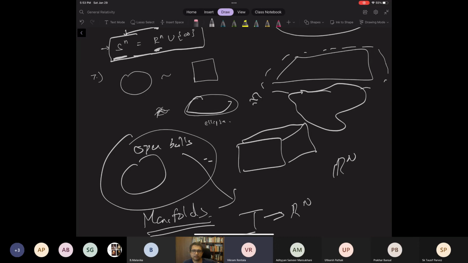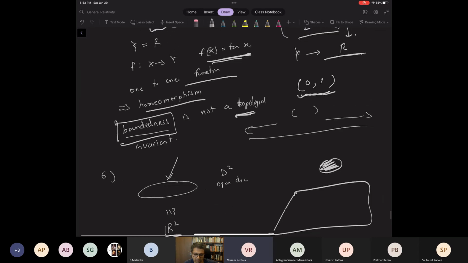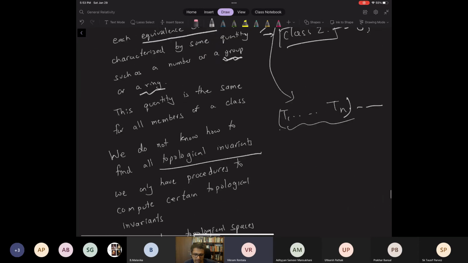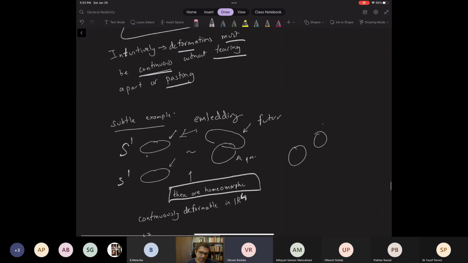Sir, can you explain that example once more, the linked circles going into the R4 space? How are they homeomorphic? So if you think about these two linked circles, imagine now that I leave one linked circle in the past and one linked circle I only think of in the future. In other words, I'm thinking of a time axis also, besides my X. I can't draw it, because to draw the linked circles I need an X, Y, and a Z coordinate.